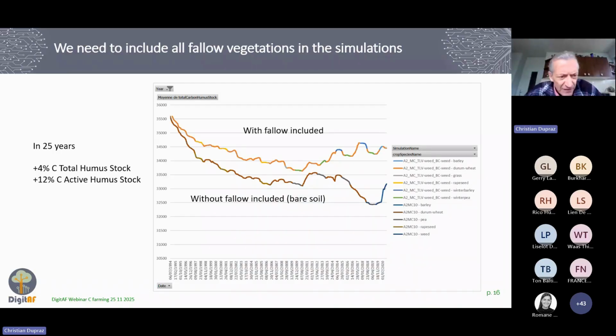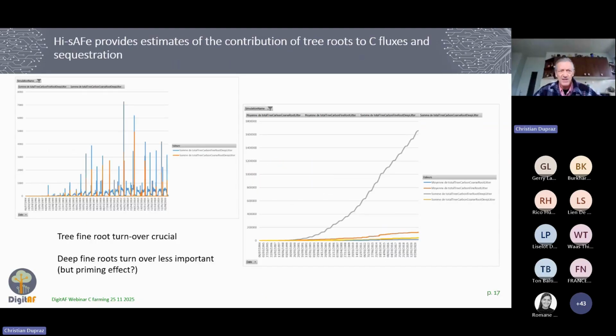And in 25 years, taking into account the fallow vegetation improved the total humus stock by 4%, and the active stock by 12% in our simulation for agriculture. This is for agriculture, but also in agroforestry. So we have to take that into account in the simulations.